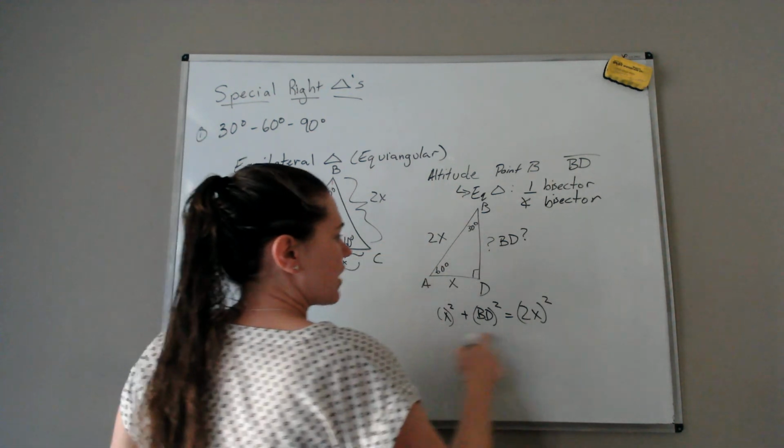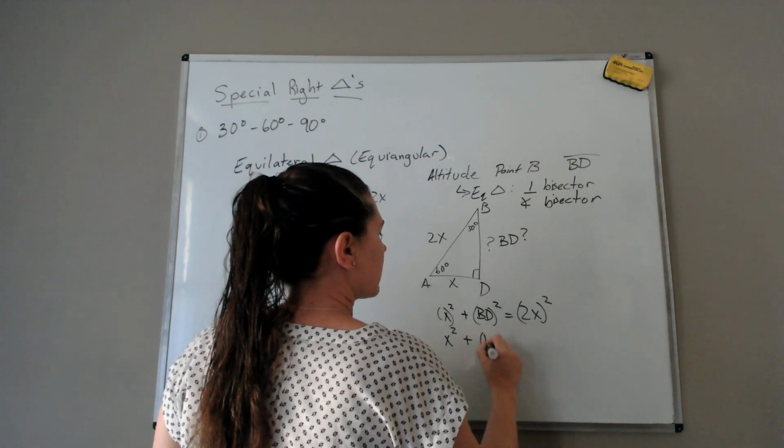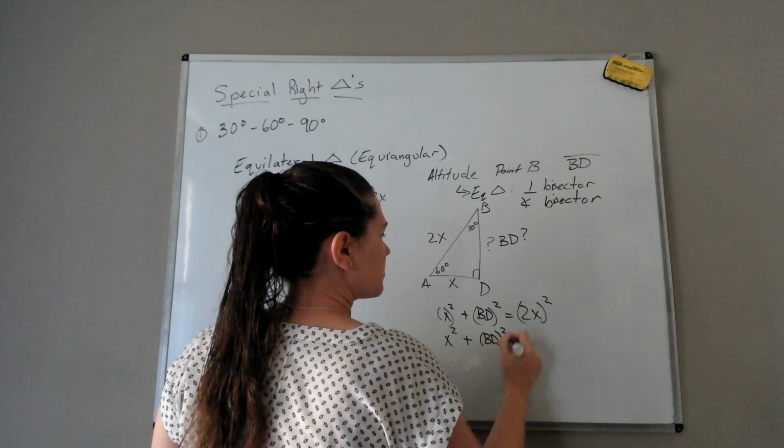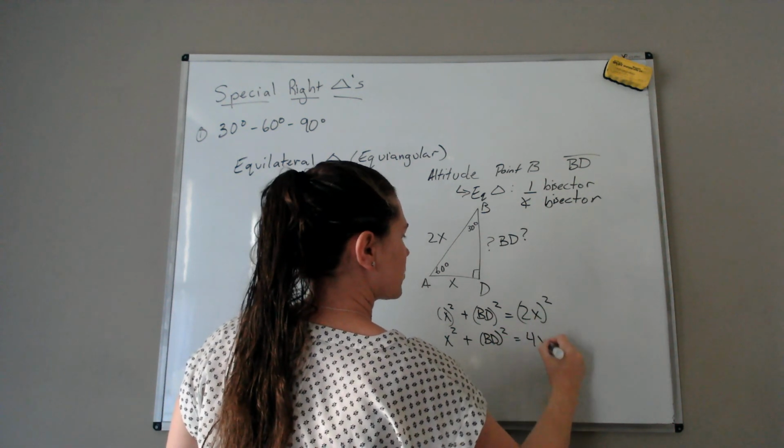So x squared plus BD squared equals (2x) squared. I'm putting this in parentheses so we don't get confused, because it's the expression for this side squared. If we simplify, this is x squared plus the unknown BD squared, equals 2x times 2x, which is 4x squared.